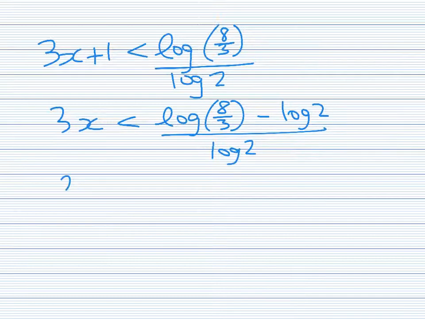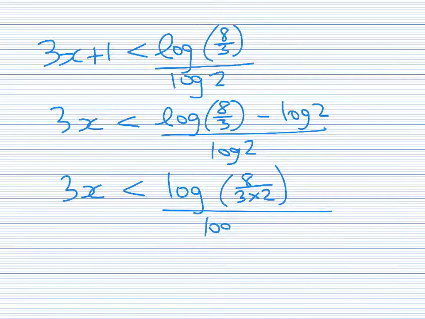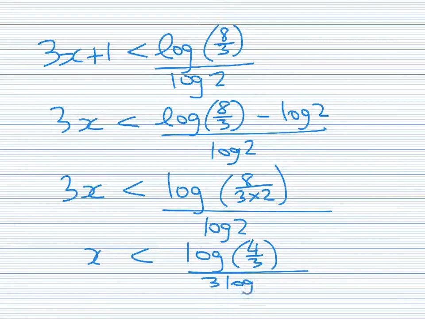And if I'd done that, now using my log rules to put those numerator logs back together, I get the log of 8/3 divided by 2, so that pops in there over log 2. So that would give me x is strictly less than log of 8/6 or 4/3 over 3 log 2. And again, I could have used base 2 for my log base. So either of those things would have worked out fine.